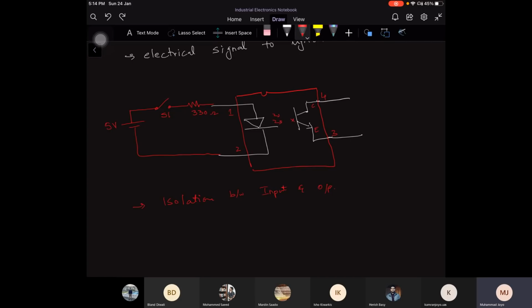Let's suppose you are running a DC motor of 24 volts with a microcontroller or an Arduino, then you cannot do that directly. In order to do that, you need to translate that 5-volt signal from the microcontroller to 24 volts. So you need to attach either an optocoupler or a relay.